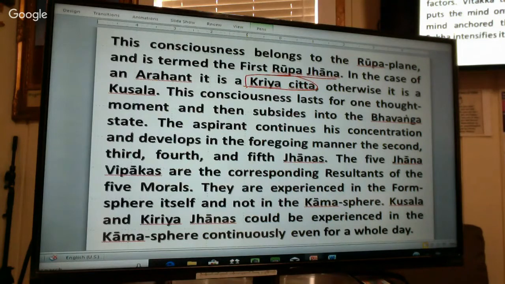But if you cannot continue after you get the jhana, if you never practice again and you forget it, then at that time jhana cannot give the result of rebirth in the form sphere. So after that, you need to keep on practicing again, because jhana has many disturbances that can destroy it.